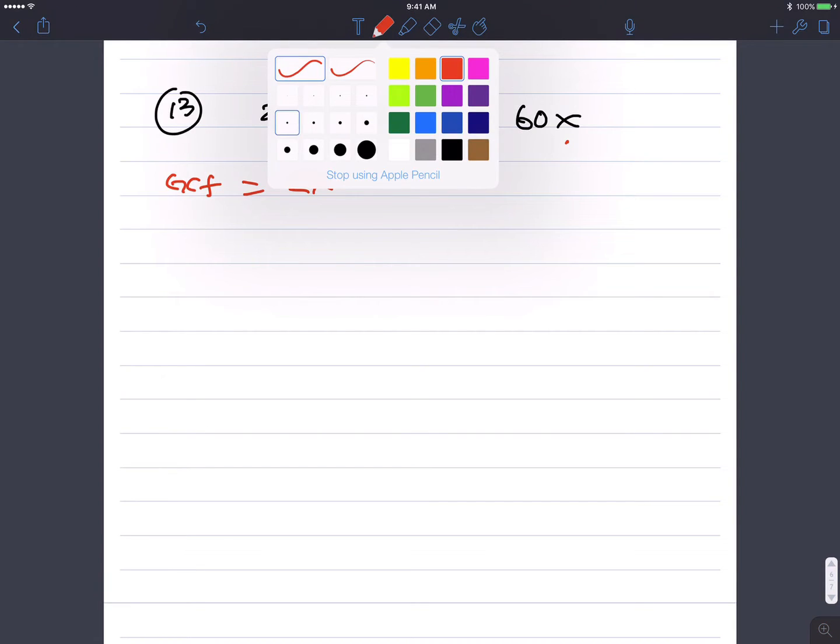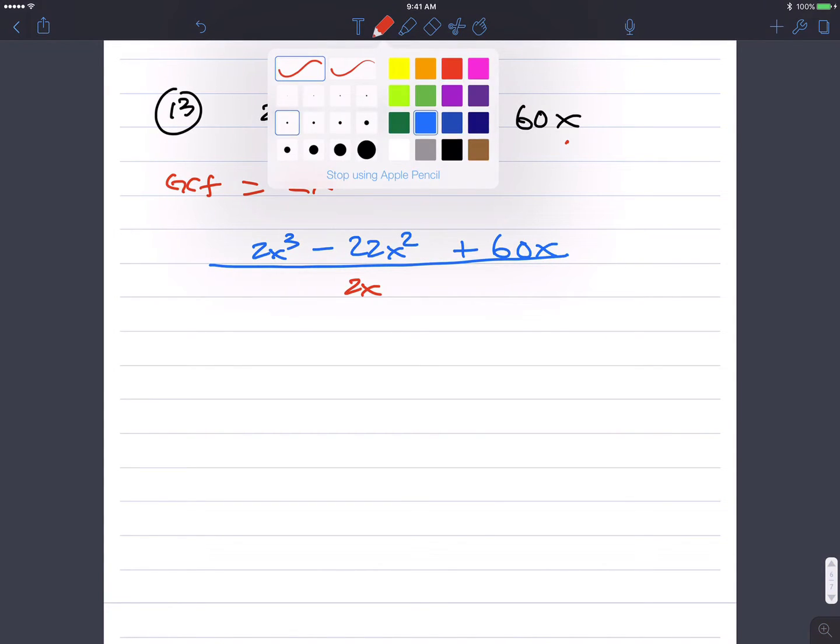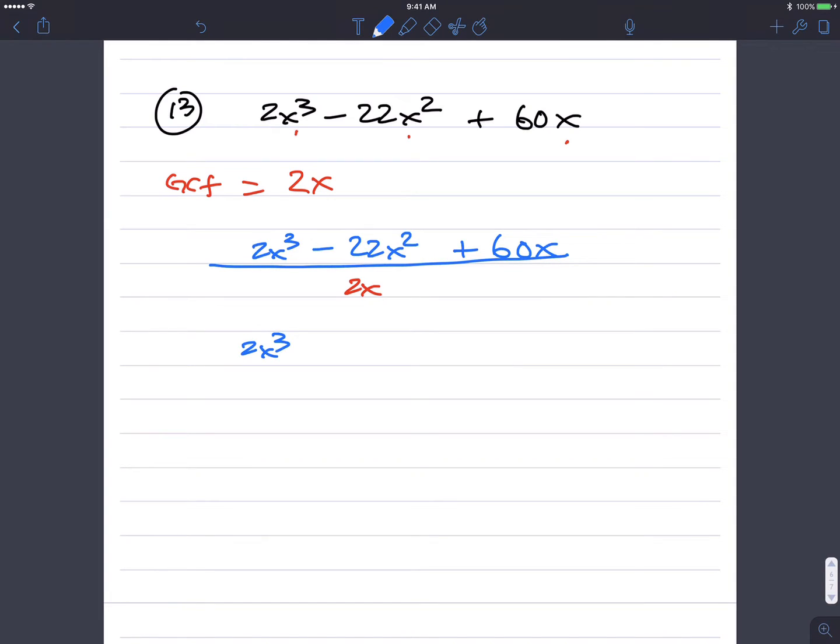So let's find this quotient. Two x cubed minus 22x squared plus 60x divided by the GCF of 2x. So we get 2x cubed over 2x minus 22x squared over 2x plus 60x over 2x. So what do we get here? 2's cancel, right?